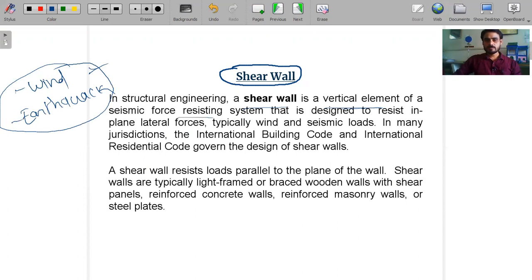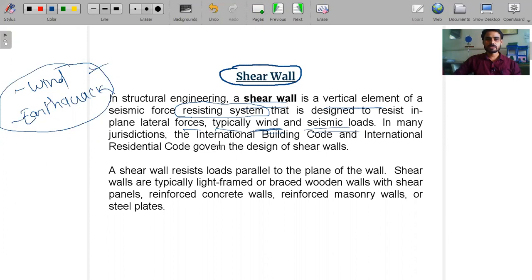In the whole system that we provide in our structure to resist the seismic effect, the shear wall is an important component designed to resist in-plane lateral forces, the forces that occur in the plane of that particular vertical wall, typically wind and seismic loading.